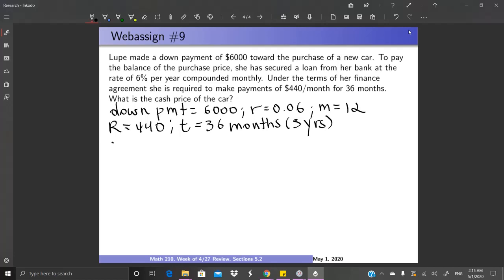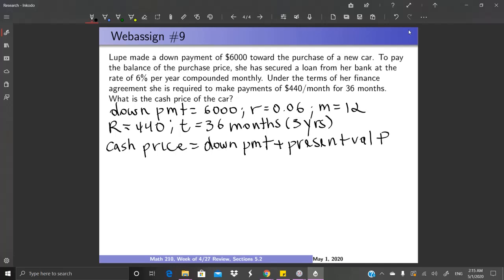So what you want to set it up as is, cash price would be equal to the down payment plus the present value P of the annuity. Once we add up those two numbers, we'll get the answer that we want.